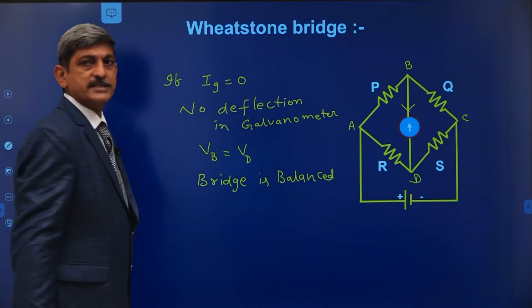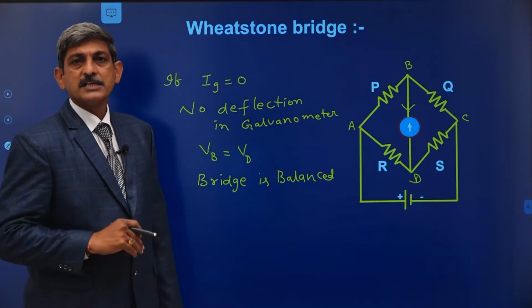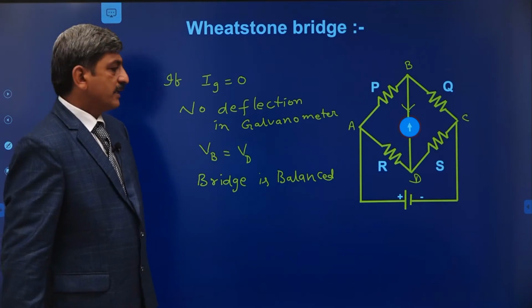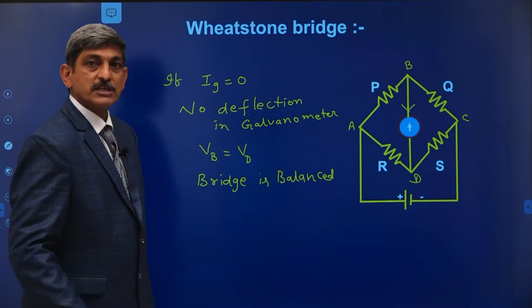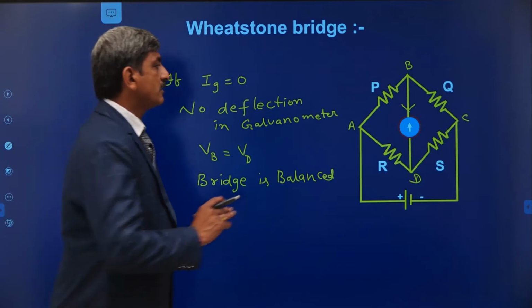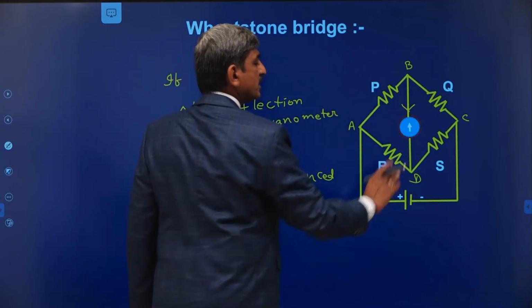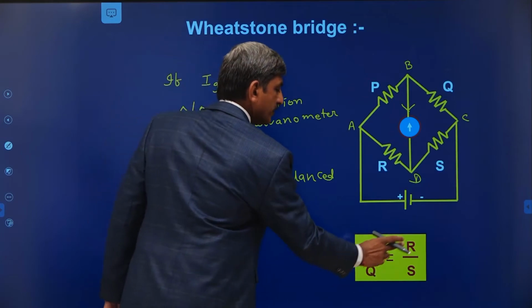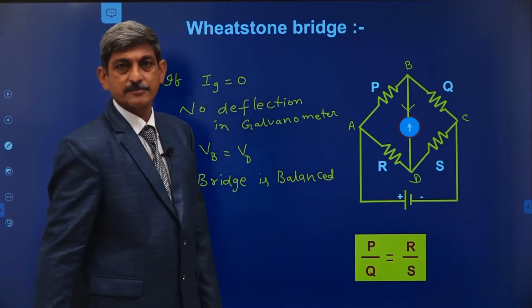Under the balancing condition, a relationship is derived between the 4 resistors used in the 4 arms. That relation is P by Q is equal to R by S.